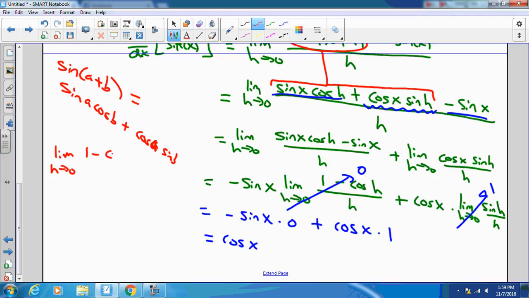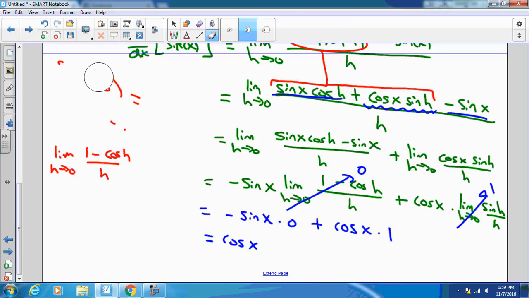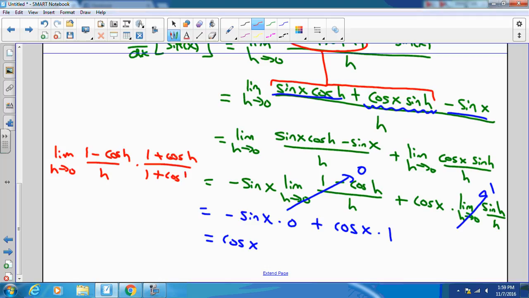You guys were a little fuzzy on this limit right here. Let's take a minute to remember why. This limit is accomplished by rationalizing, multiplying top and bottom by 1 plus cosine h. And on the top here I get 1 minus cosine squared h.